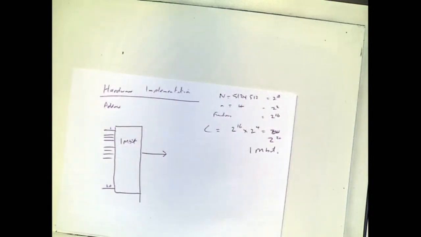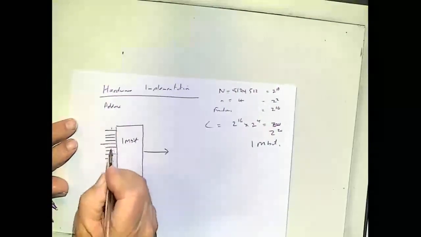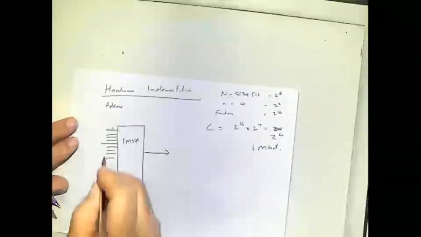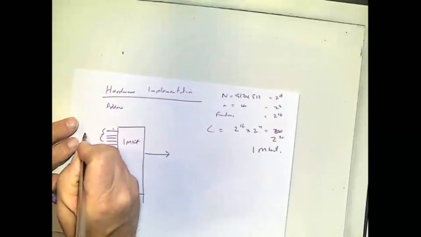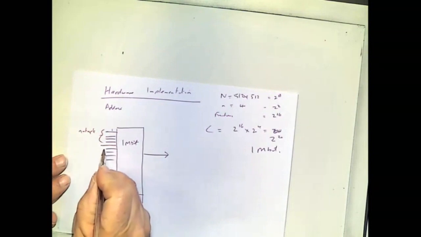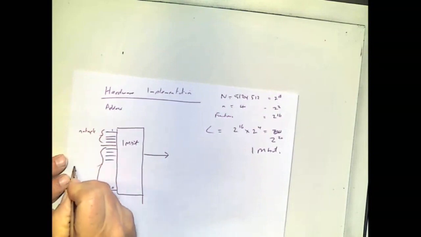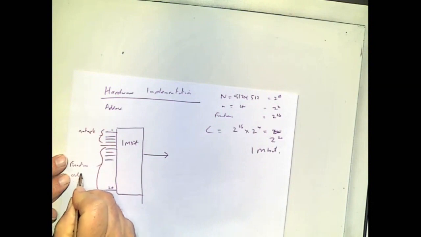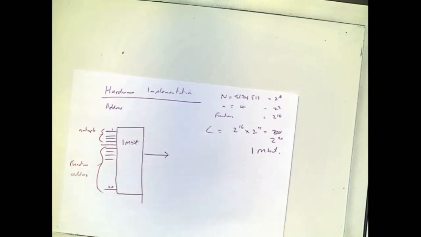So partition that address field into n bits here and the rest. And this is going to be the n-tuple, and this now is going to be the function address. Okay, now you know how that works.